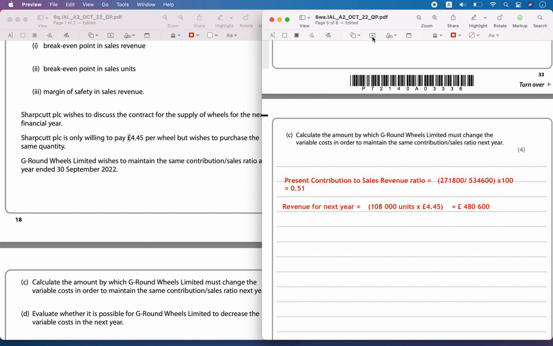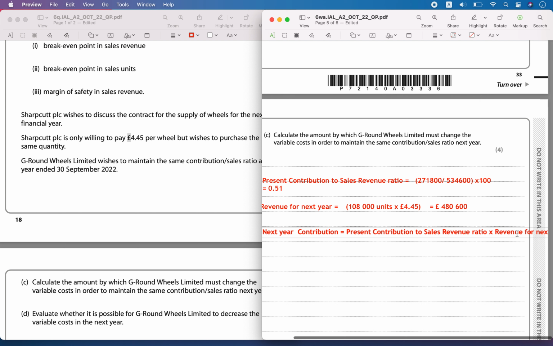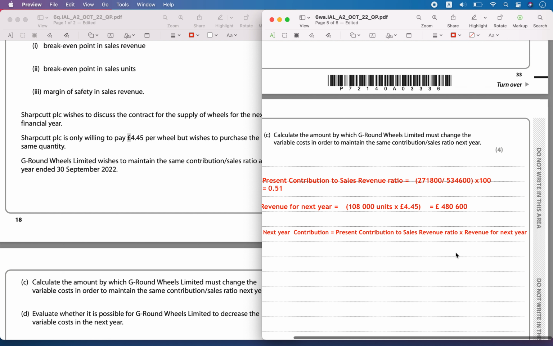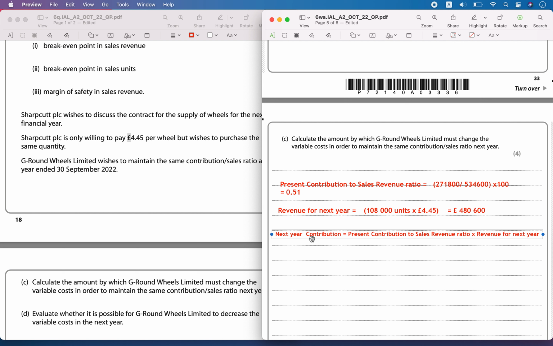From this we will calculate the new contribution that needs to be achieved, the next year's total contribution. If you multiply the present contribution to sales ratio by the sales revenue for the next year, I will get the contribution that needs to be achieved next year.